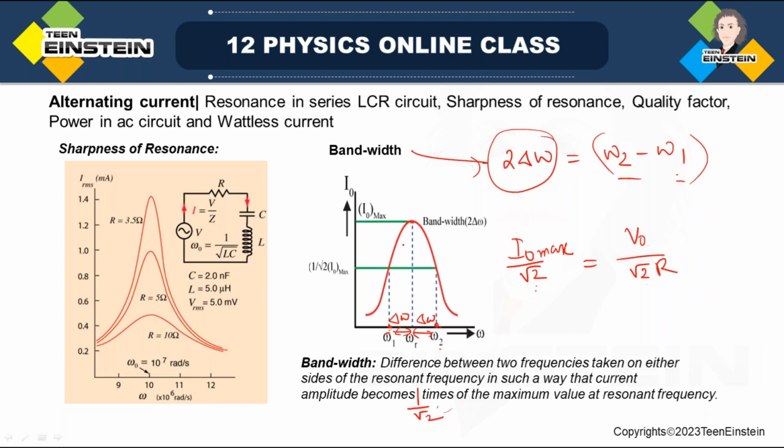At resonant frequency this is the maximum I0 max, and 1 by root 2 times I0 max is reached at omega 1 and omega 2. Omega 1 is omega r minus delta omega, and omega 2 is omega r plus delta omega. Now you take the difference, you get 2 delta omega, which is called the bandwidth. So bandwidth is 2 delta omega.